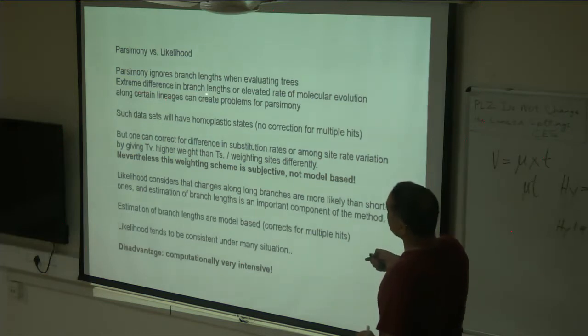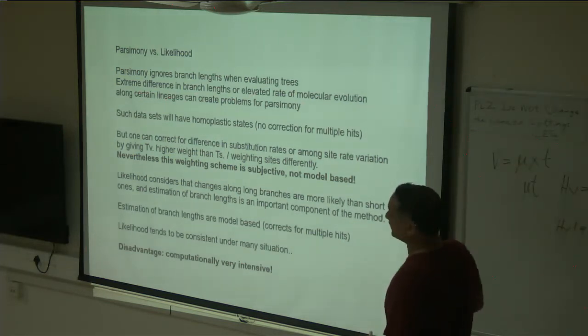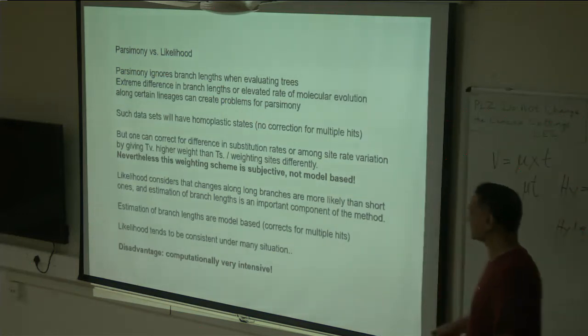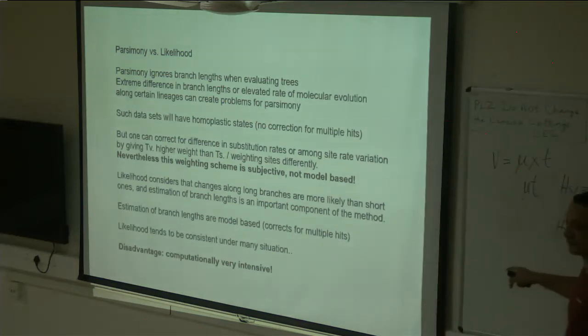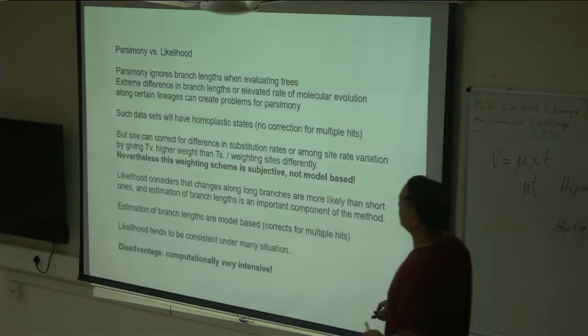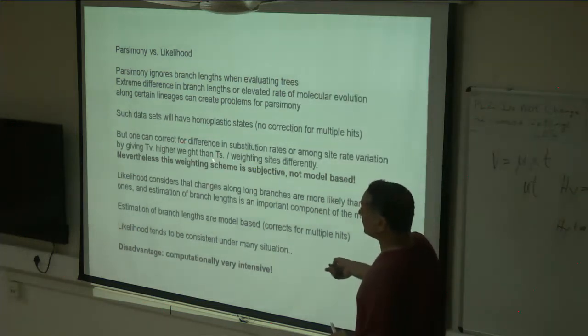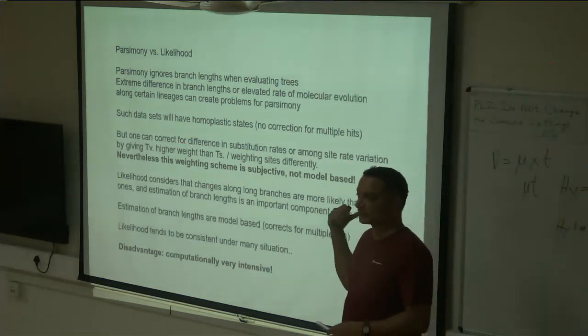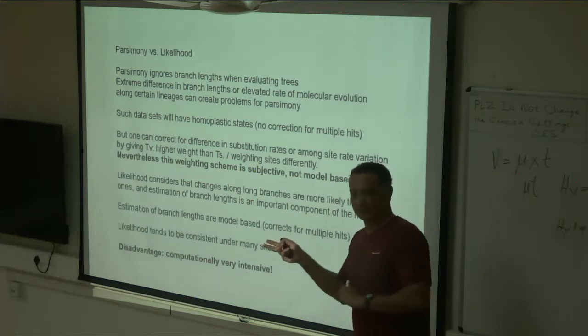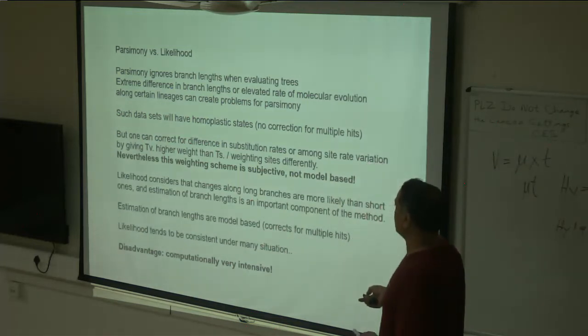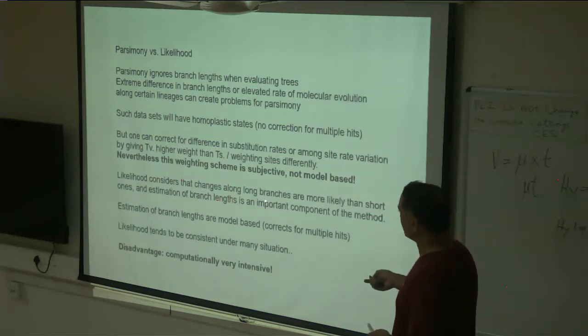So extreme differences in branch lengths or elevated rates of molecular evolution can create problems for parsimony because it's not correcting for multiple hits. Okay, but it can be corrected using transition to transversion ratio. I talked about it. Anyway, likelihood considers that changes along long branches are more likely than short ones.